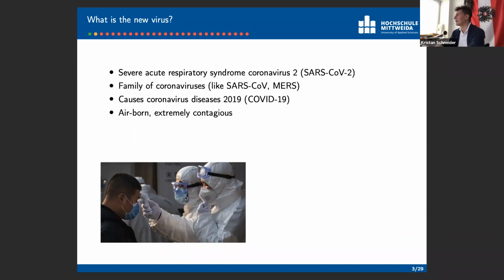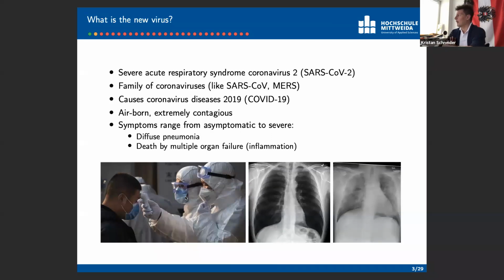So it is so contagious that even people with this gear, if they're not properly using it, will get infected. Symptoms range in most cases from asymptomatic to very severe, causing diffuse pneumonia and then death by inflammatory reactions and multiple organ failure. Here we see an X-ray of a COVID patient on the right.